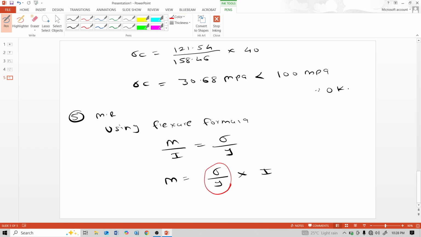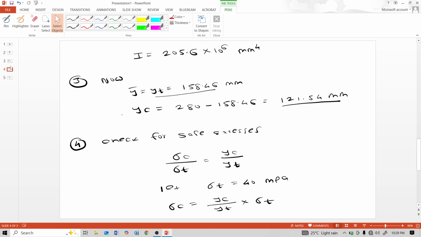So for this problem, between sigma C and sigma T, which value do we consider in this equation, and between YC and YT, which value do we consider for this y? For that, we have to consider the maximum y value between YC and YT. Which y is maximum? This YT is maximum, that means 158.46 mm YT. So consider this YT for that equation.